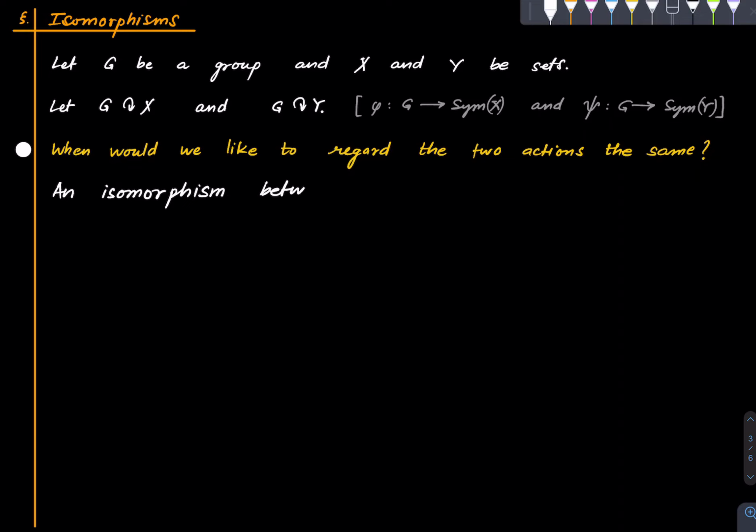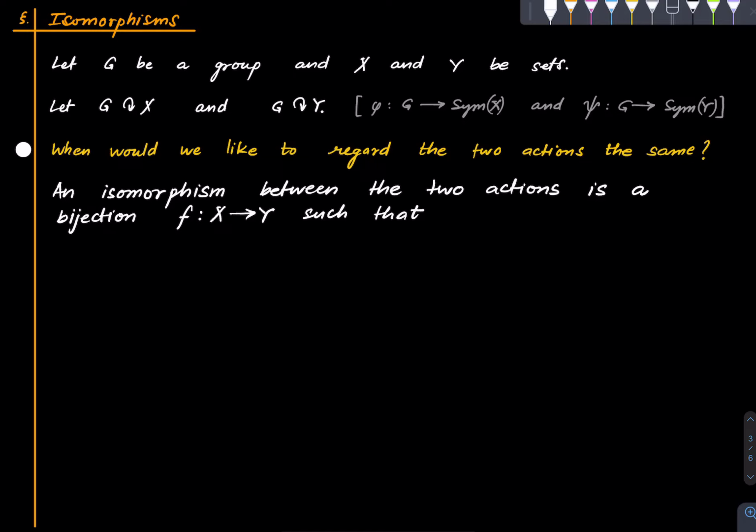So an isomorphism between the two actions is a bijection f such that the following diagram commutes for all g in G. So what diagram commutes?